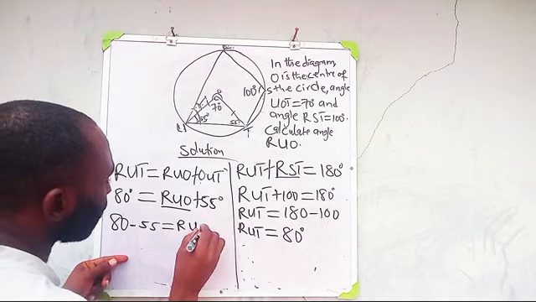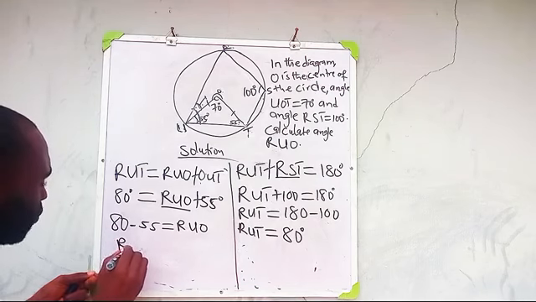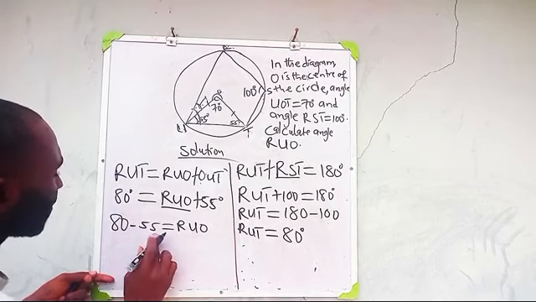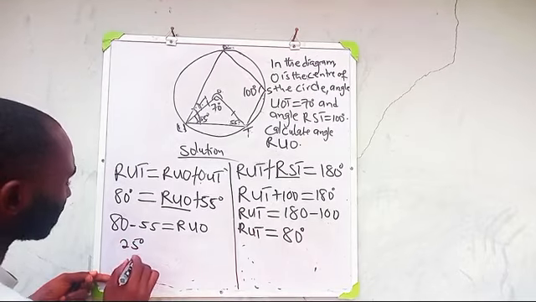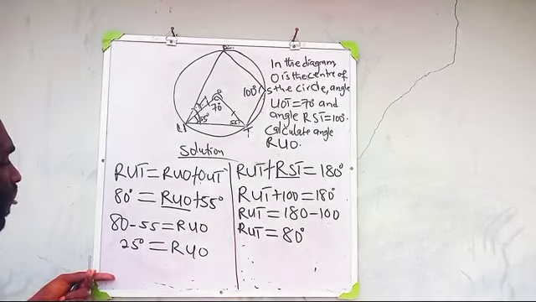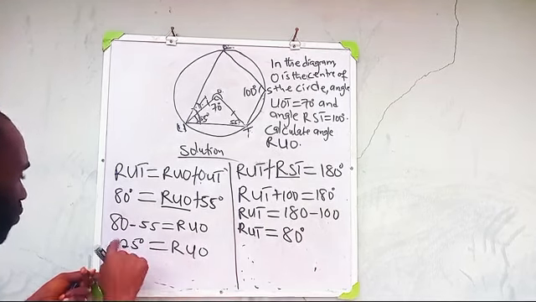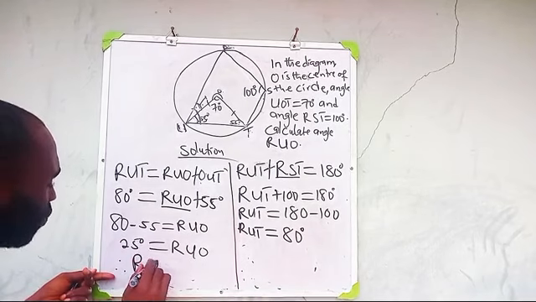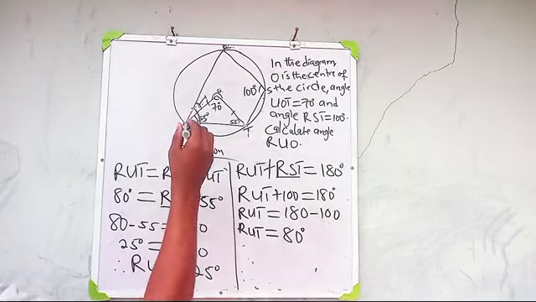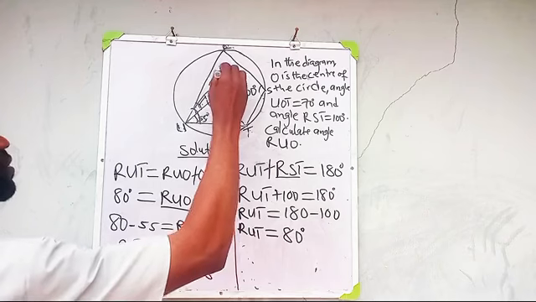So 80 minus 55 will give us 25 degrees, equal to RUO. Therefore, RUO is equal to 25 degrees. So this small angle here is 25 degrees.